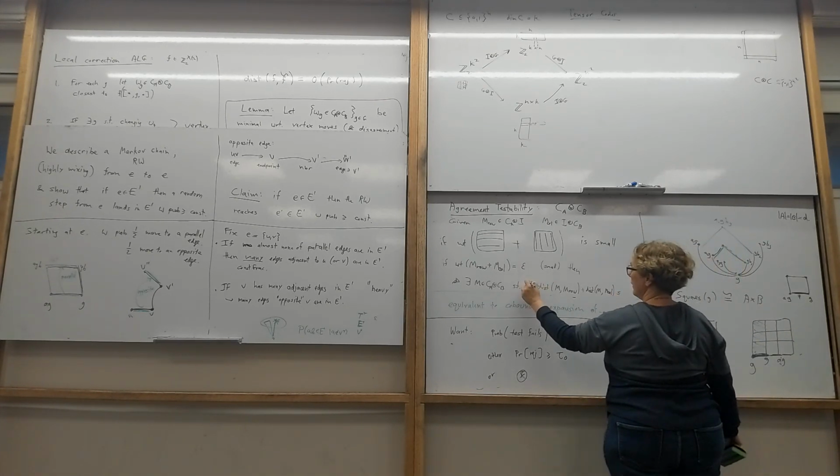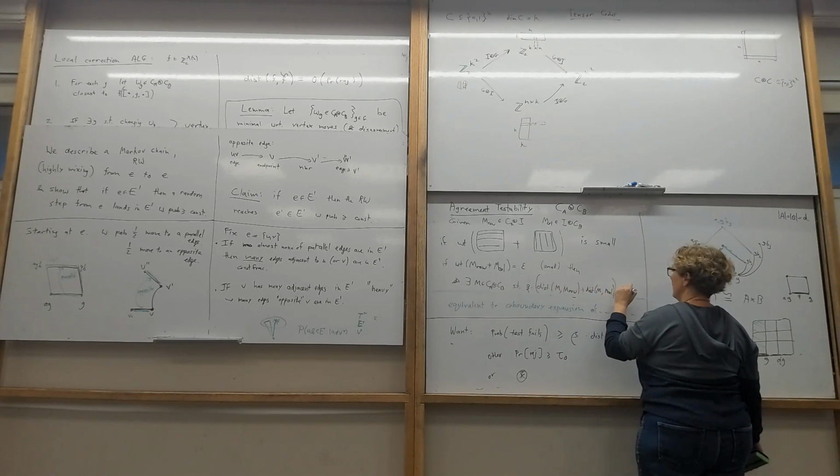Maybe I write it like this: beta times the distance is small.